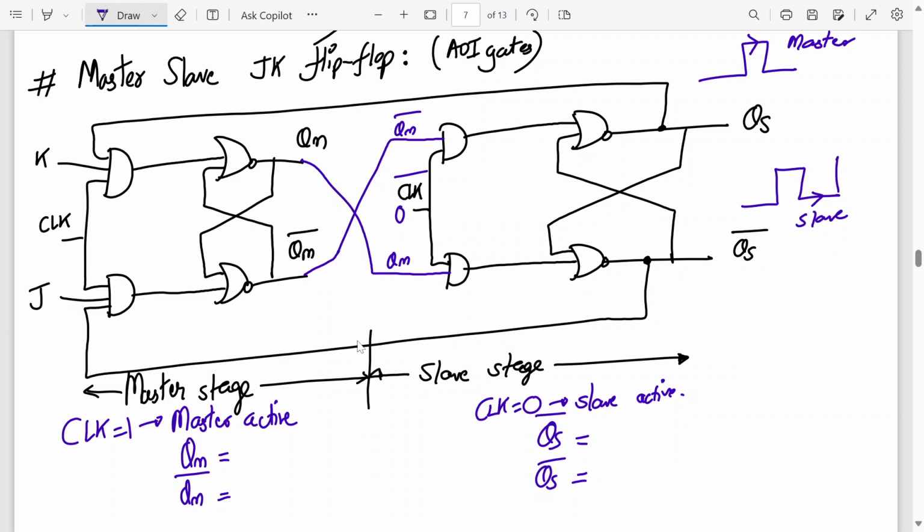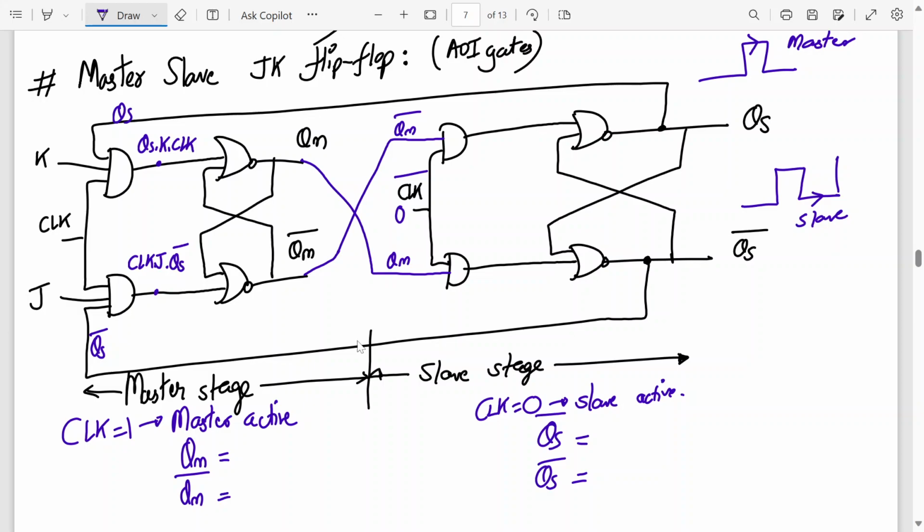This is QS, this is QS bar. So what will be this? QS K clock. This will be clock J QS bar.